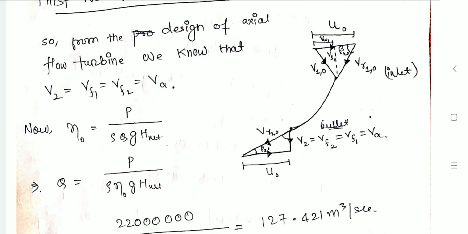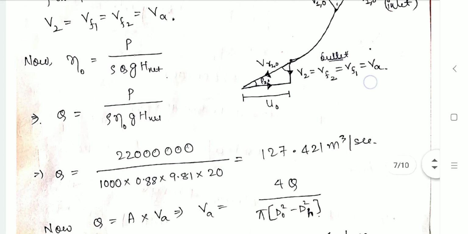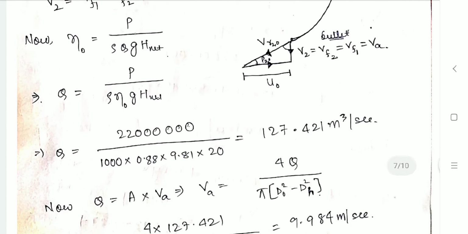So from this expression we can calculate the volume flow rate. Now the volume flow rate is equal to P divided by rho, overall efficiency, g and H net. Substituting the values, we get the volume flow rate as 127.421 meter cube per second.